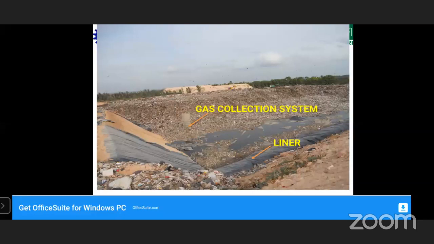It shouldn't be like this. There should be a ramp made, and the truck should get onto the ramp and then deposit the waste at the bottom. This creates a huge lot of problems later, I'll come to that. You can also see some leachate that is stagnant over there. This is a live example of how it is managed in India in a very pathetic manner.